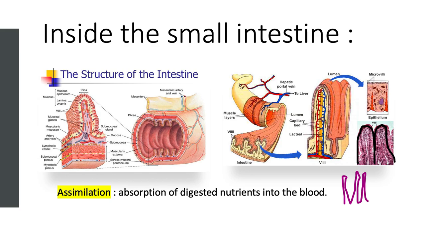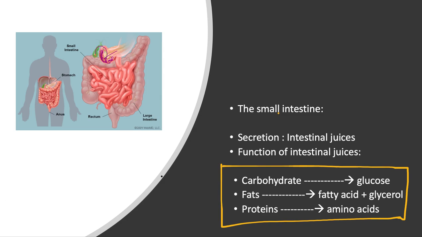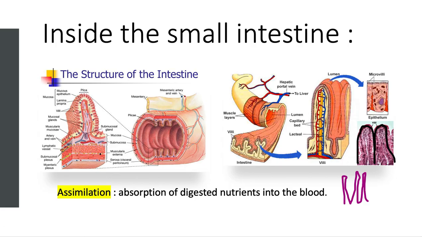So inside the small intestine we have the villi, and what do these villi do? They absorb the digested nutrients. Carbohydrate has now been turned into glucose. Fats are no longer fats because they are fatty acids and glycerol. Proteins have become amino acids. So all of this is absorbed by our body in the small intestine.